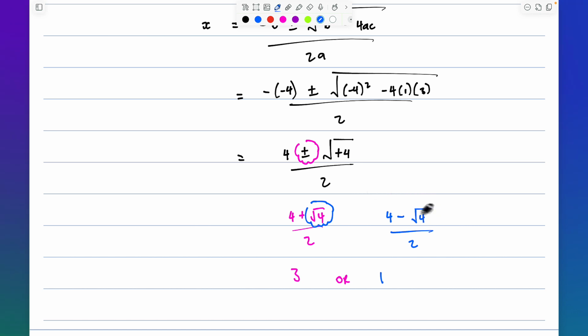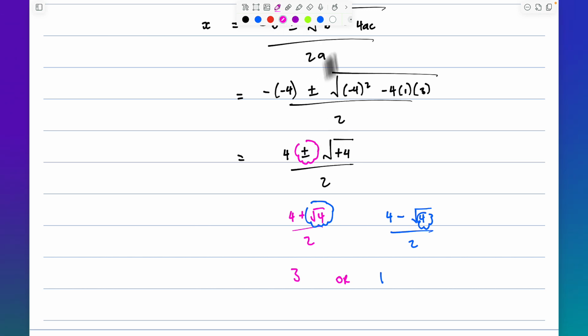But if this was 0, it wouldn't have been able to give us two distinct answers, because 4 plus 0 would have given us 4, and 4 minus 0 would have given us 4. So the only reason why it's giving us two answers is because now we're going to use a term from the last video that we used. It's called a discriminant.